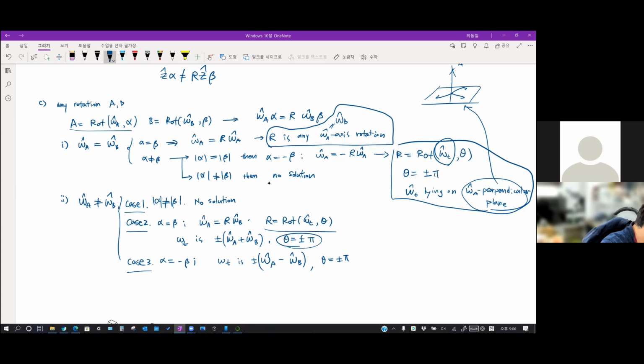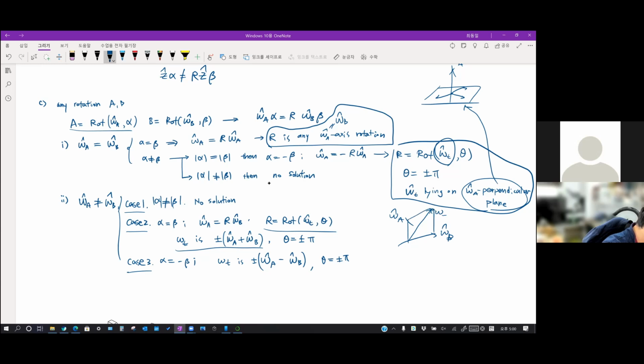Theta is plus or minus pi, and omega t is the vector sum of omega A and omega B. So if there is omega A and some omega B, and the vector sum is this one, so omega t here.